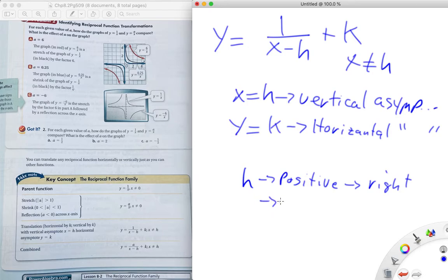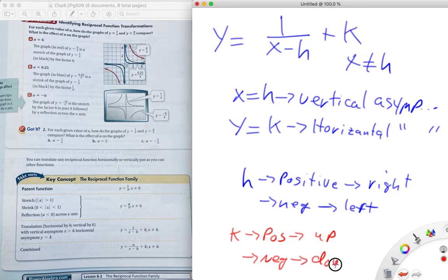If h is negative, it shifts to the left. If k is positive, it shifts up. If k is negative, it shifts down.